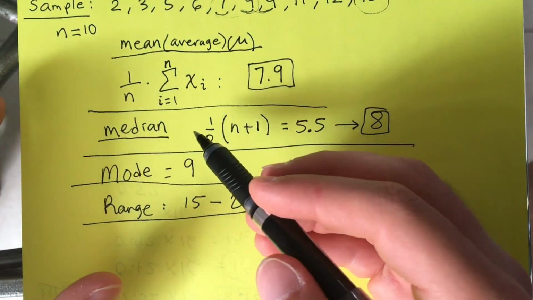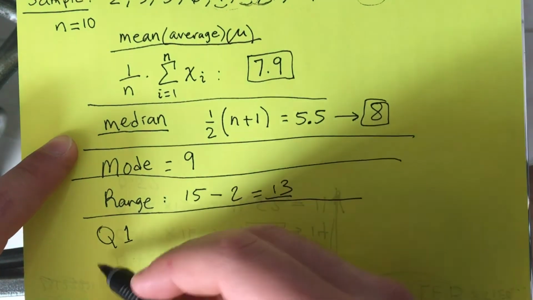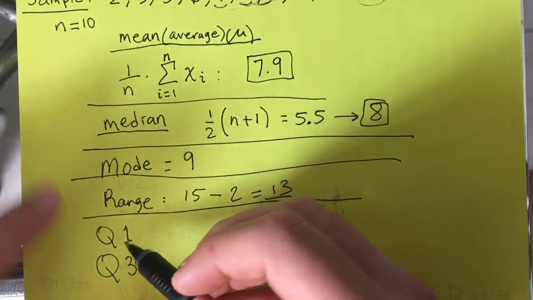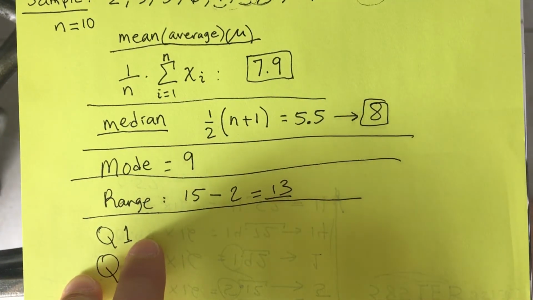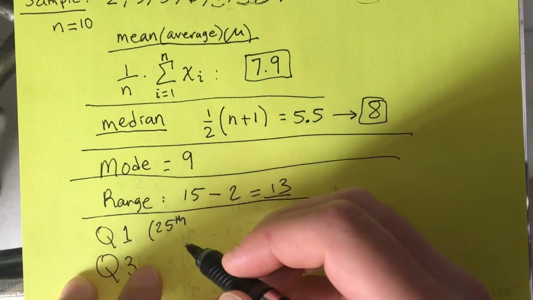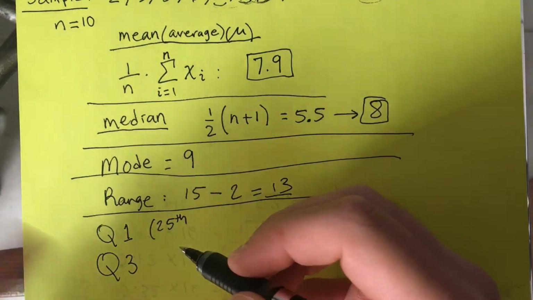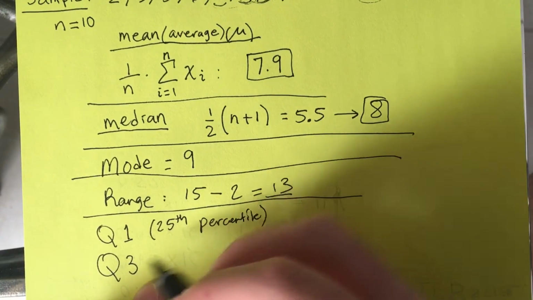So you have quartile 1, Q1, and you have Q3. Quartile 1, you could also call it the 25th percentile. It's the same thing. Quartiles are just a special type of percentile. Same thing goes for Q3.